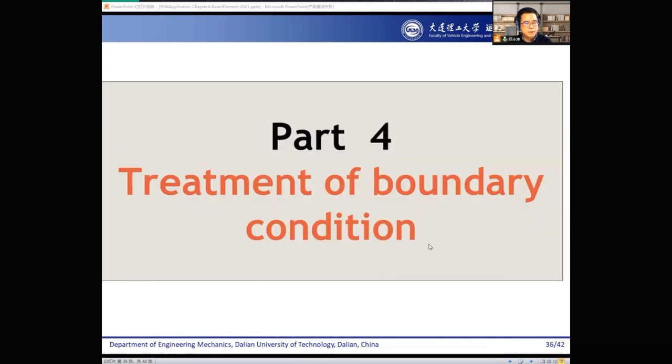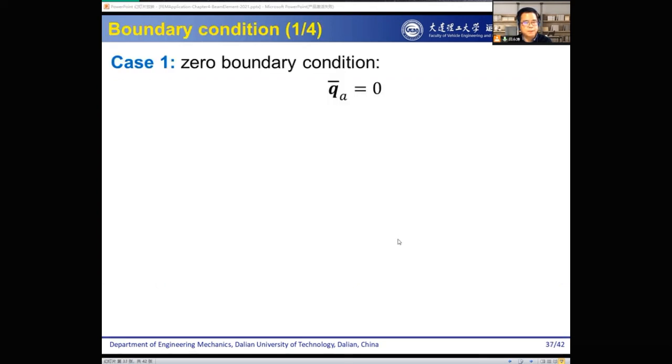Okay, the last part is the treatment of boundary condition. So we said we have two types of boundary condition. First is the displacement boundary condition and the second is the force boundary condition. And here we want to tell you how to use some techniques to quickly consider the boundary condition in the FE analysis or in the coding.